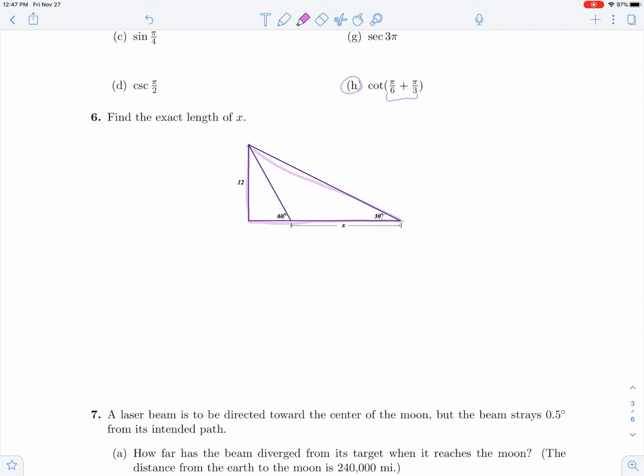Even though I didn't mark it, that big triangle is a right triangle. And then you'll want to look at this triangle as well. And between those two, you should be able to figure out the length of x.